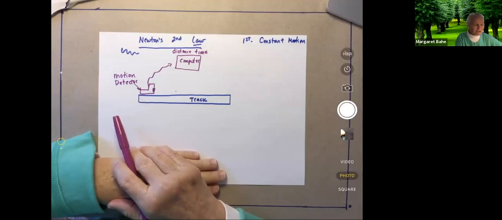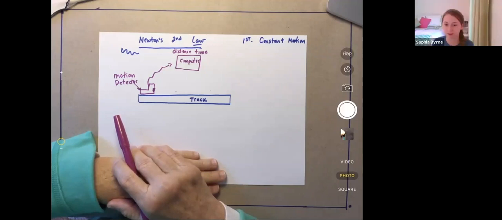Sophia, what's the relationship between acceleration and velocity? Acceleration is the velocity increasing per second. Velocity would be meters per second, but acceleration would be meters per second per second.